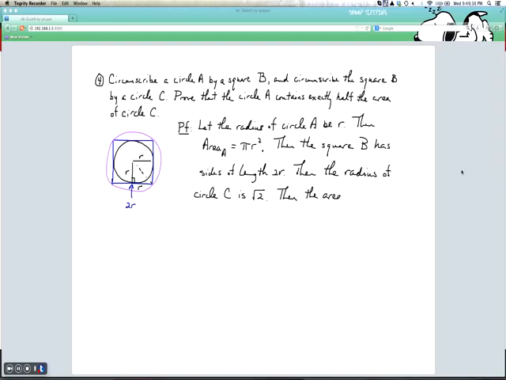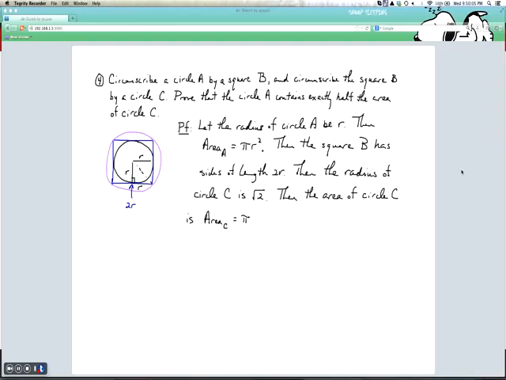Then the area, and this is what we're concerned about, right? Is comparing the area of circle A to the area of circle C. So this is pi.